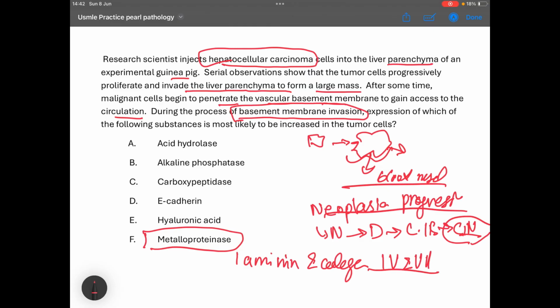These enzymes participate in many physiological processes like tissue remodeling, but for basement membrane penetration by carcinoma, they are responsible.